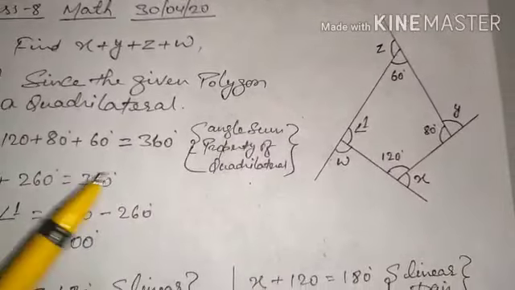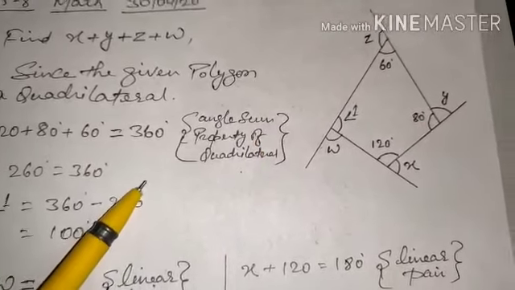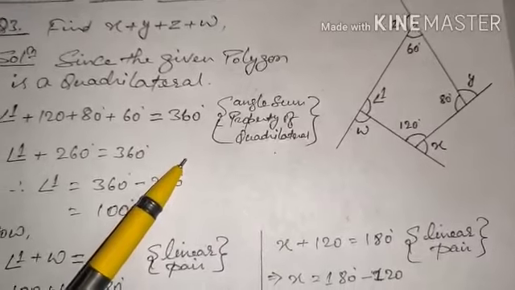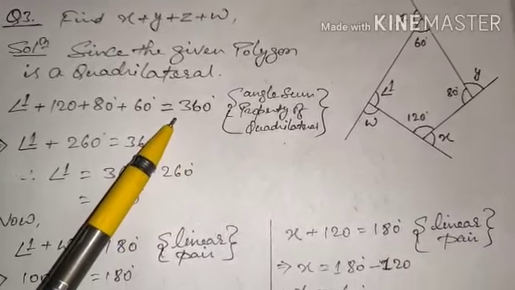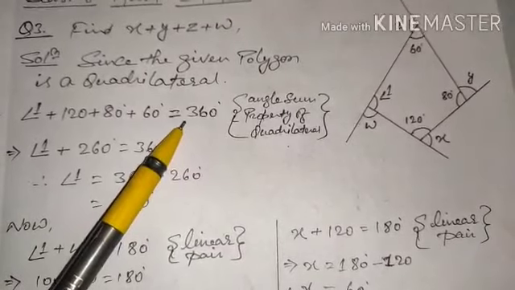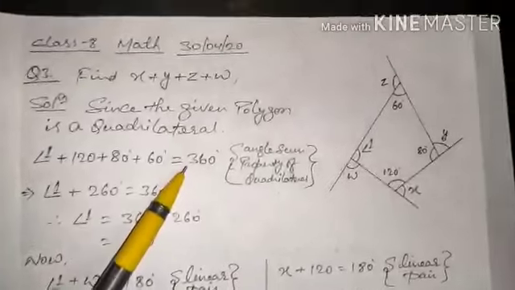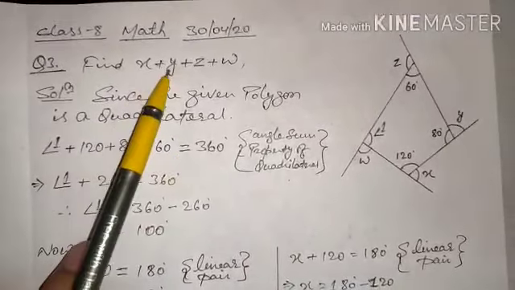Okay, now we can directly write x plus y plus z plus w is equal to 360 degrees, but we are not writing this because it is a question of exercise 3.1, and in 3.1 theory I don't think there is the exterior angle property. So that's why I'm finding out the values of this x plus y plus z.